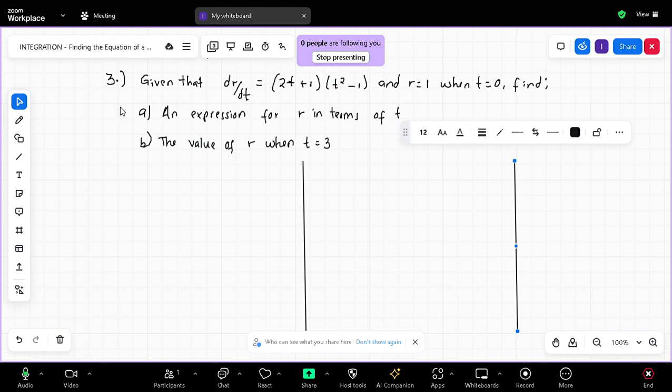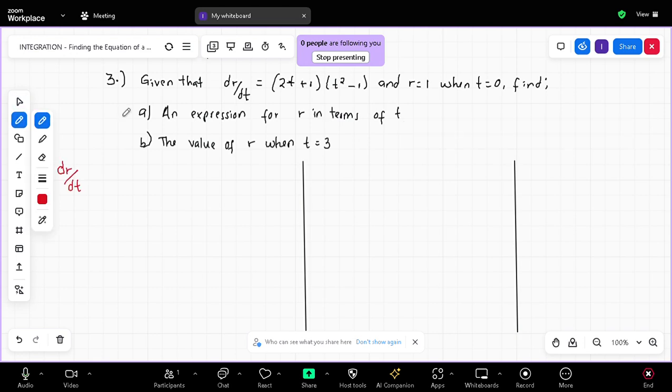So dr/dt is equal to (2t plus 1)(t squared minus 1). So we need to expand this function. We take 2t into bracket t squared minus 1, plus 1 into bracket t squared minus 1.